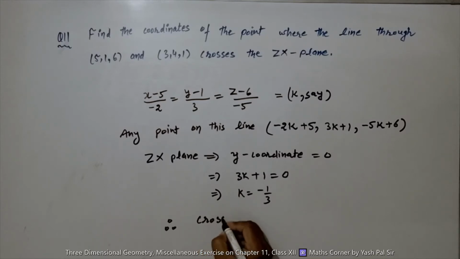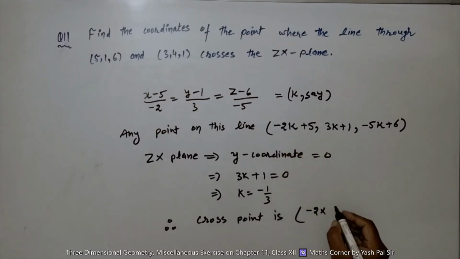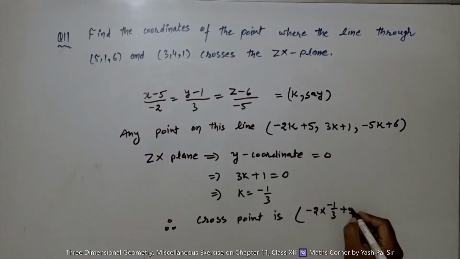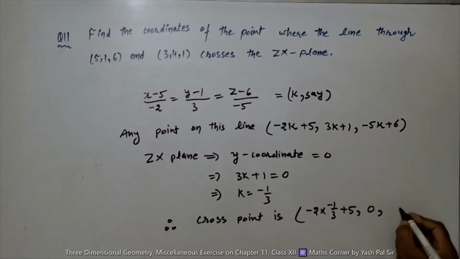Therefore, the cross point is minus 2 into the value of k, minus 1 upon 3, plus 5. This whole is taken to be equal to 0.